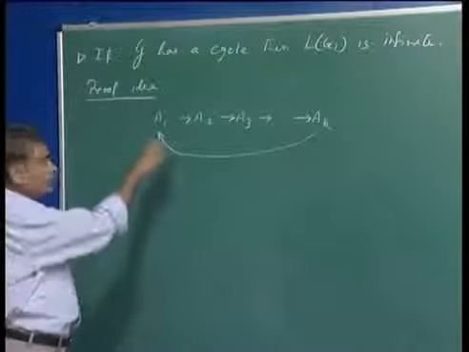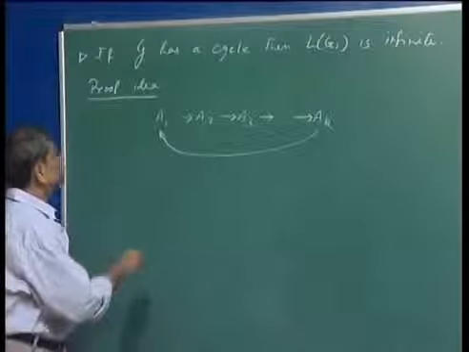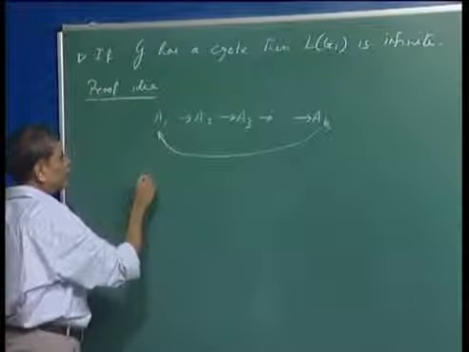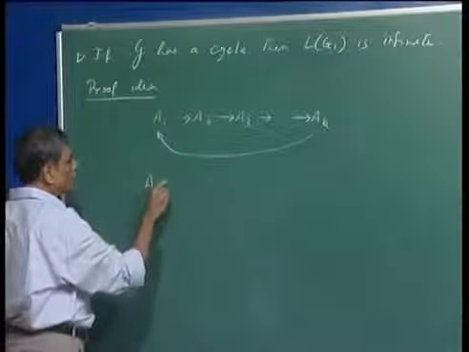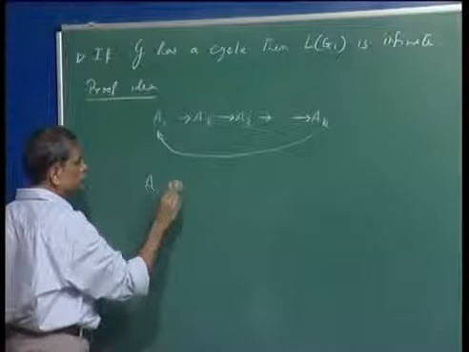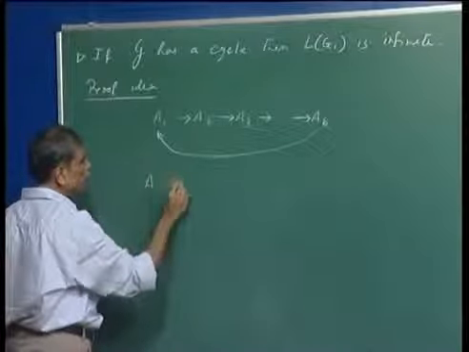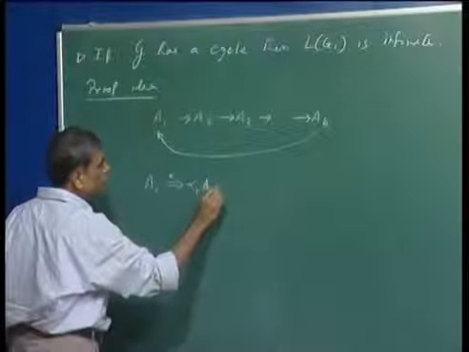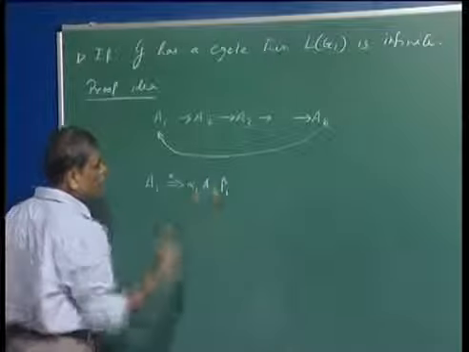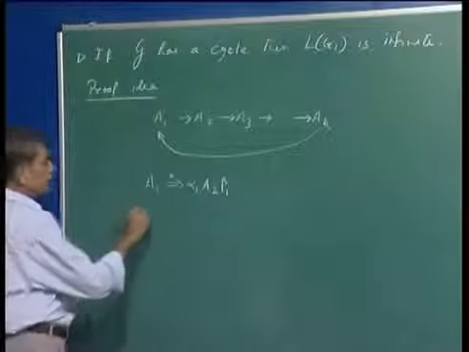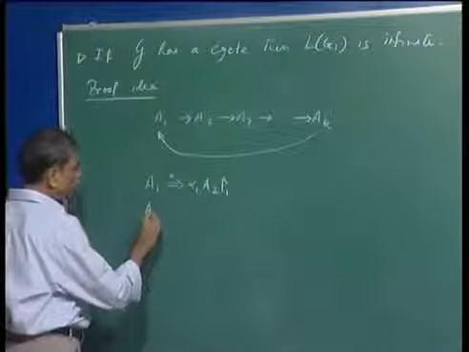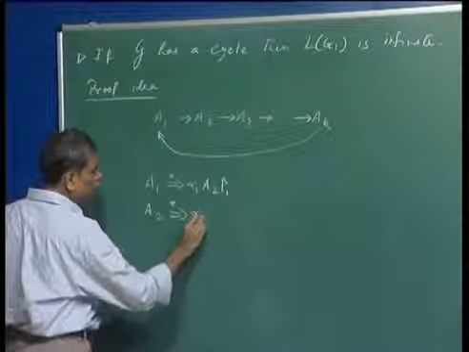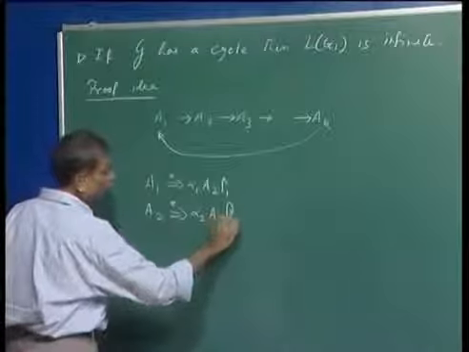some string which will have A2 in it. So, we can say that this first edge in the graph means that A1 derives alpha 1, A2, beta 1, right. And similarly, A2 derives alpha 2, A3, beta 2 and so on.